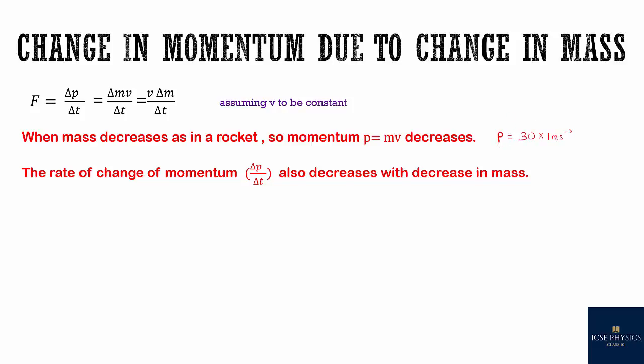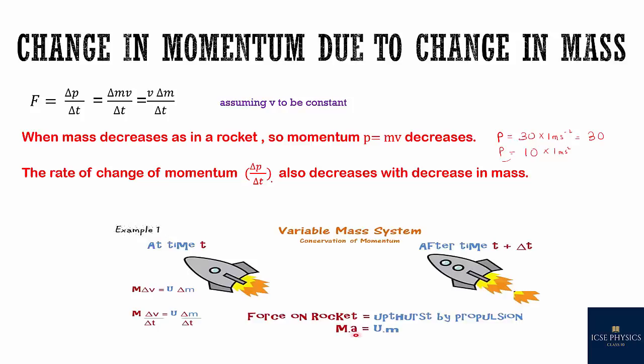So what will be the momentum? It was 30. Now if I decrease the mass to 10, velocity remaining constant, what will happen? The momentum also decreases. So as mass decreases, momentum decreases. So what will happen to the rate of change of momentum? It also decreases with decrease in mass. So the rate of change of momentum also decreases due to change in mass.